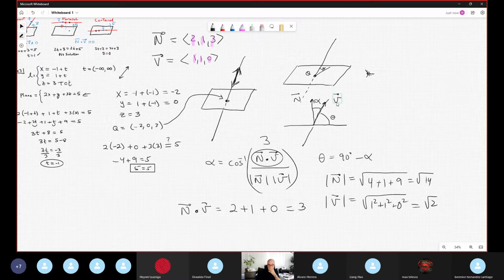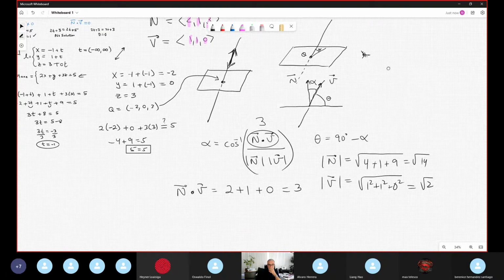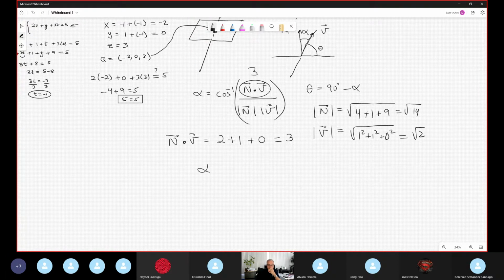Putting everything together, alpha is the cosine inverse of 3 over radical 28, because radical 14 and radical 2 together is radical 28. By the way, it simplifies because 28 is 7 times 4, and the square root of 4 is 2.